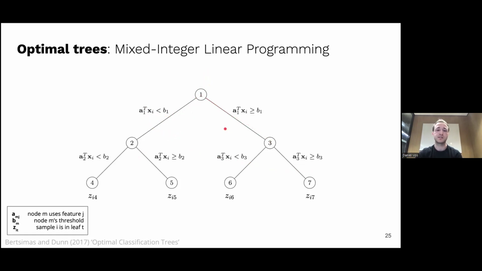And what Bertsimas's formulation does is trying to set the variables z, I, meaning sample I reaches leaf number 6 or reaches leaf number 7. Basically, when you can encode in terms of constraints what leaf your sample will fall into, it's quite easy to construct the rest of the formulation.